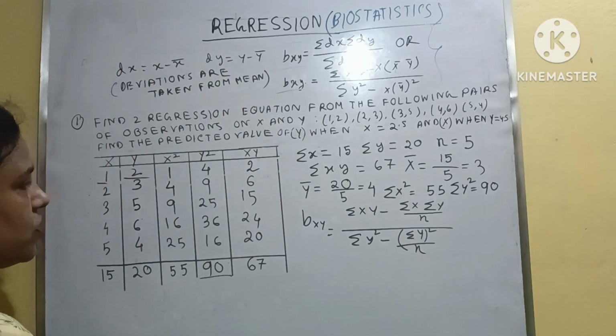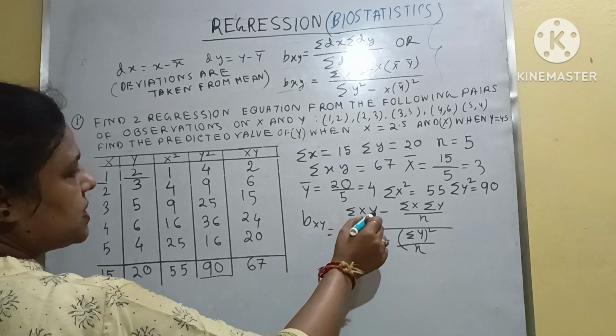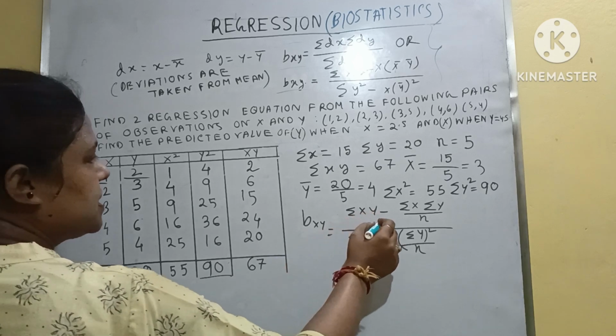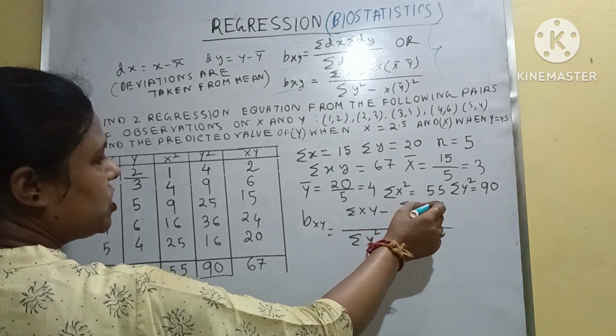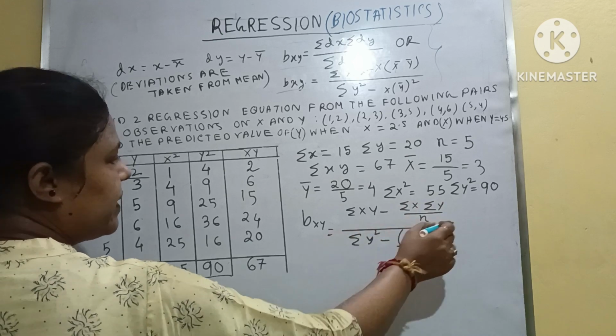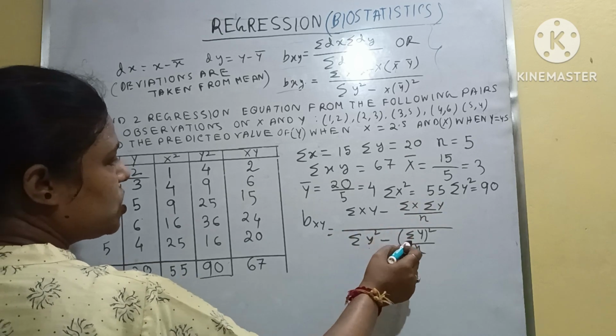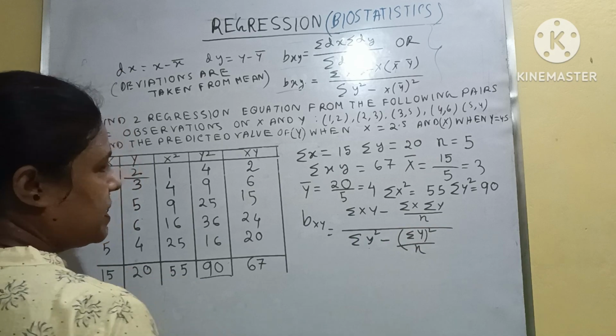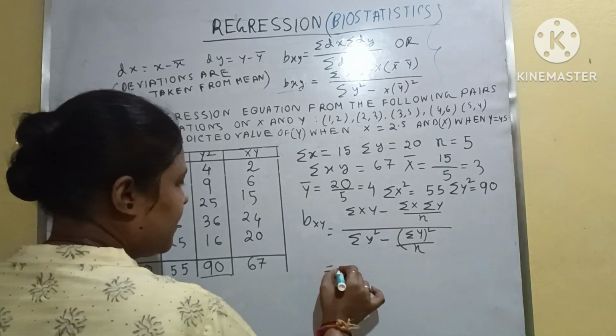So what is the formula? bxy equals summation of xy minus summation of x into summation of y by n, divided by summation of y square minus summation of y whole square by n. So we just have to put the values.